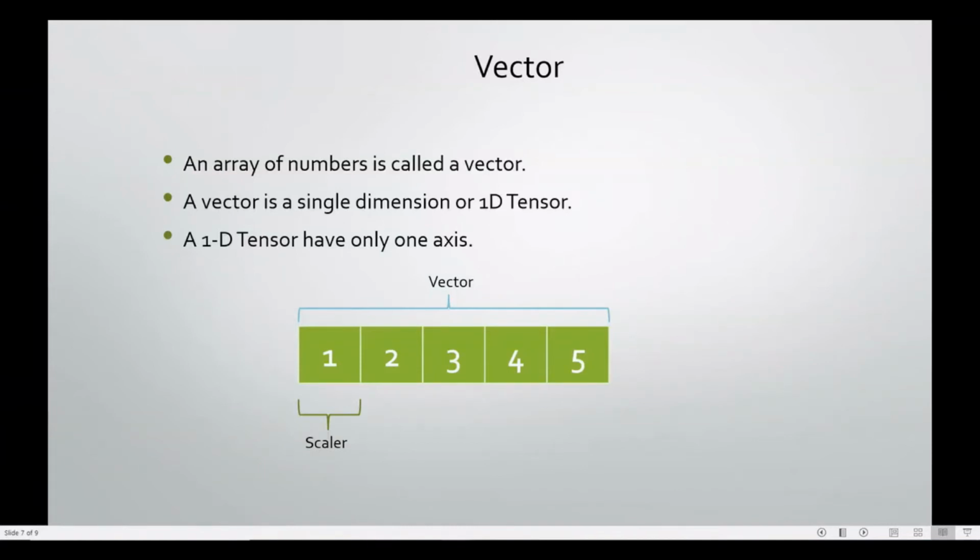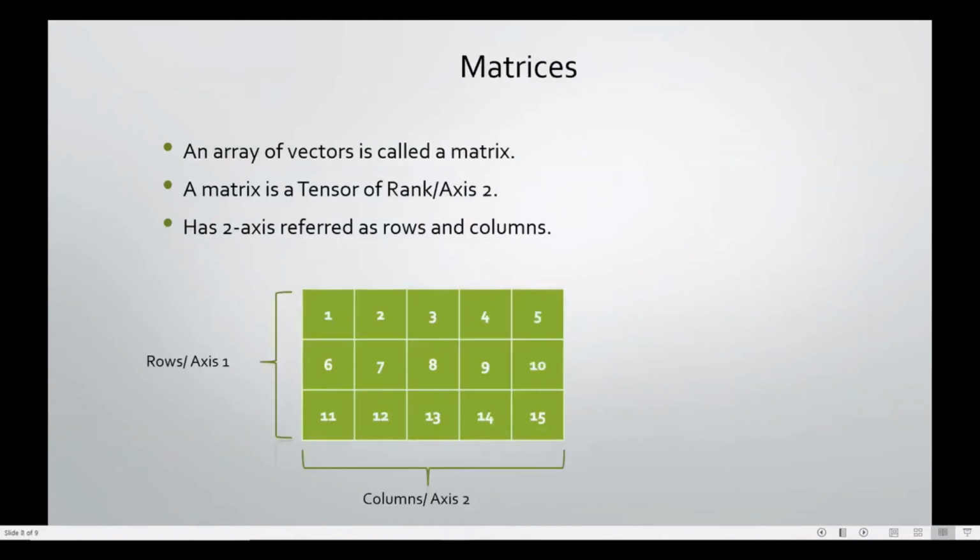Now let's move toward matrices, which is a tensor of rank 2, which can be implemented by wrapping few vectors in another array. The two axes of matrix referred as rows and columns.